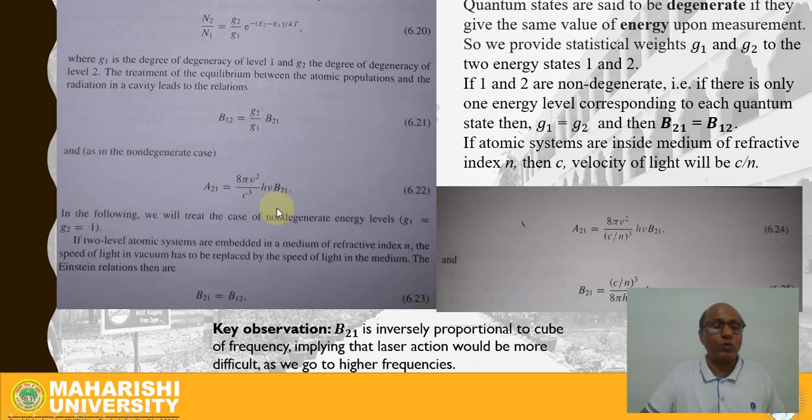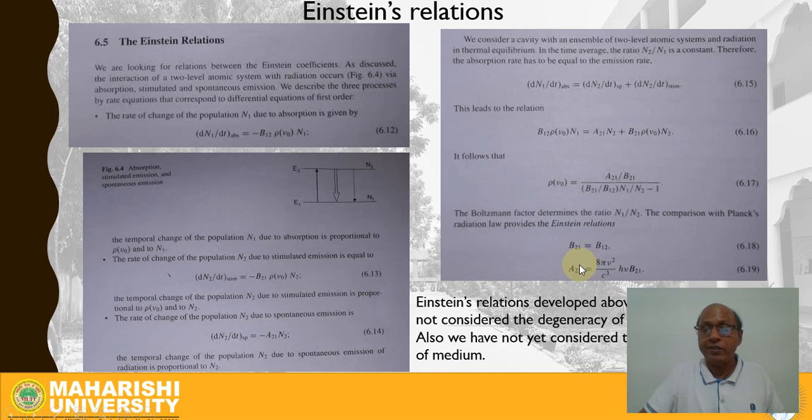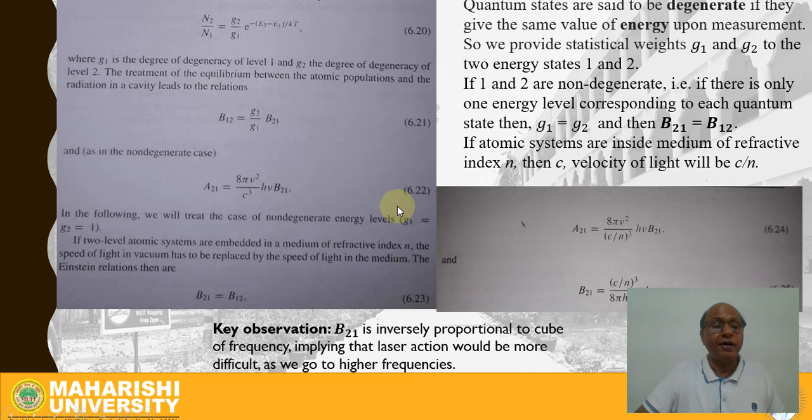This equation we have already seen in the previous case, so it is rewritten here. That means in the degeneracy case, the Einstein equations will be defined like this, right?